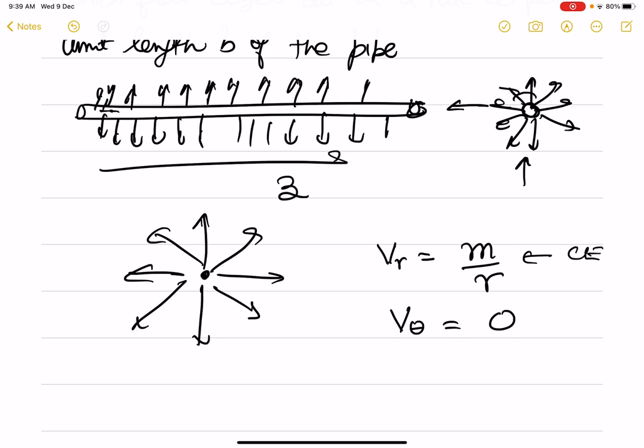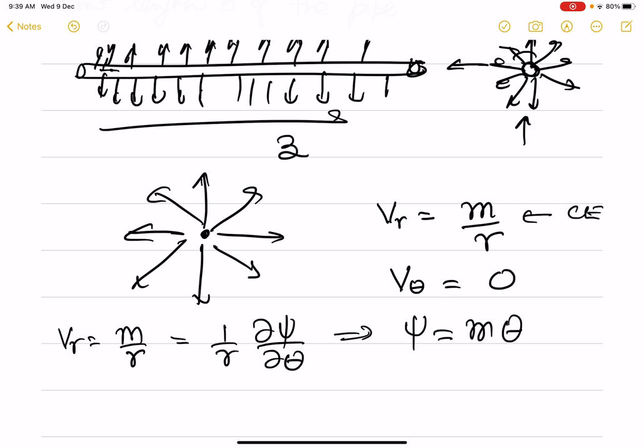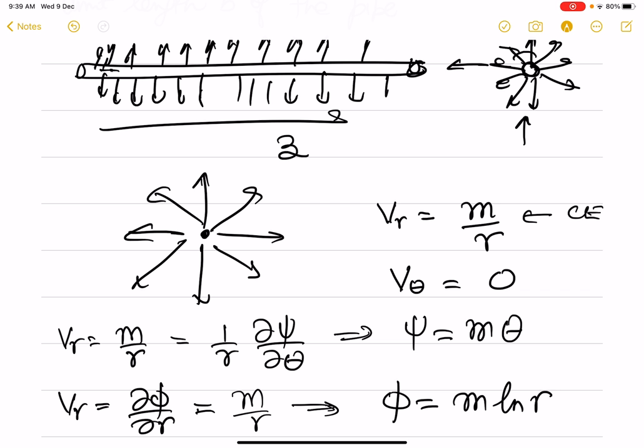So now if Vr is equal to m over r, let's try to see what the psi looks like. This will be equal to 1 over r partial psi by partial theta by definition of Vr. And from here what we will get is psi for this flow is equal to m theta. And we can show this is what the general form will be. And if we also use Vr is equal to partial phi by partial r, and this is equal to m over r, from here what we will get is that phi is equal to m ln of r.